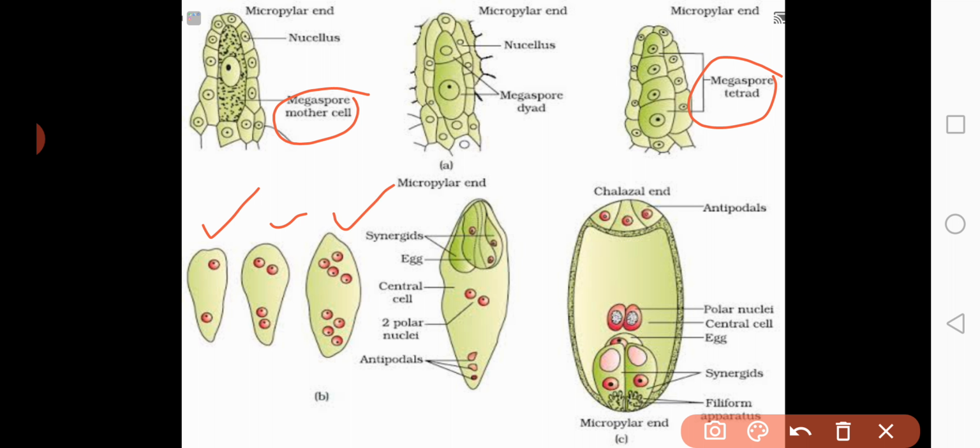After the formation of 8 nuclei, within the embryo sac, 3 groups of cells are formed. They are the antipodals at the chalazal end, the egg apparatus at the micropylar end, which consists of a single egg cell and 2 synergids, and at the center the secondary nucleus. Is that clear? So these are about the process of megasporogenesis and the formation of the female gametophyte.